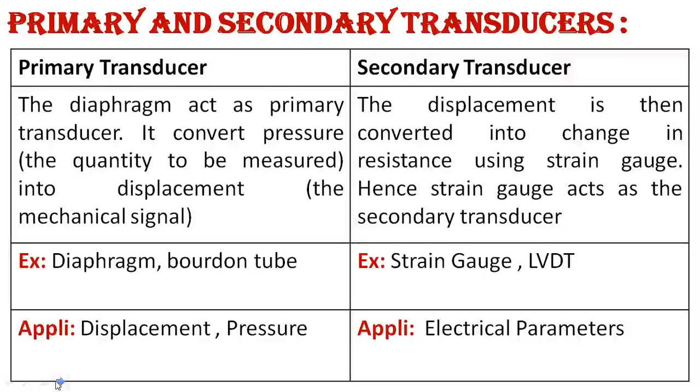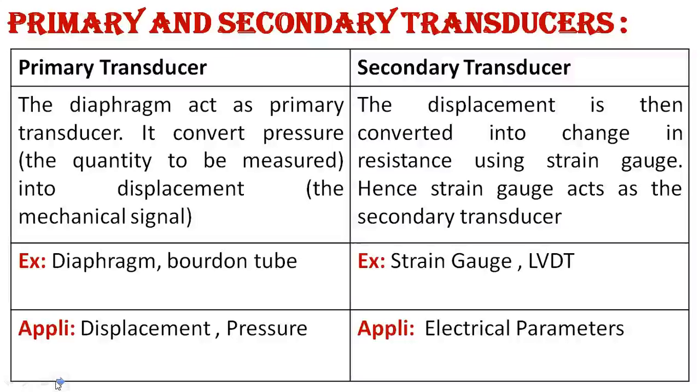And for the secondary transducer, the displacement from the diaphragm output is converted into a change in resistance using a strain gauge. Hence the strain gauge acts as a secondary transducer. Whatever displacement is given to the strain gauge, there is a change in resistance, so the strain gauge gives an output voltage due to the change in resistance.